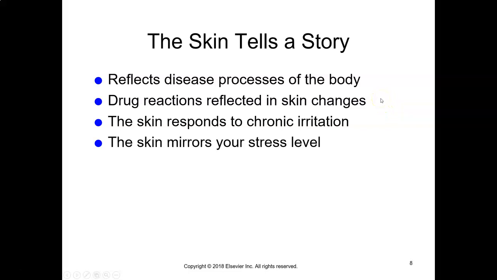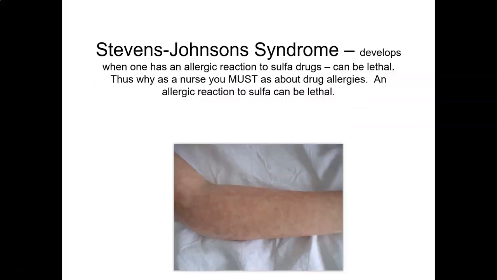You can have hives or rashes. People who have dermatitis have chronic irritation. And the skin mirrors your stress level. Sometimes we get dehydrated looking, or we claim we have wrinkles because we're under stress. But the skin shows all of that.